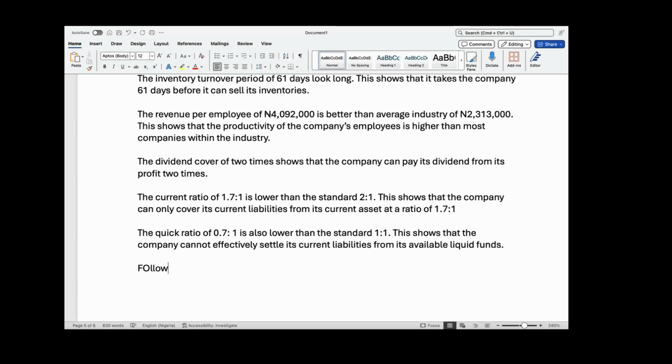Following from the above ratios, ORAC Nigeria Limited is profitable from the standpoint of gross profits, profits before tax and a profit for the year.